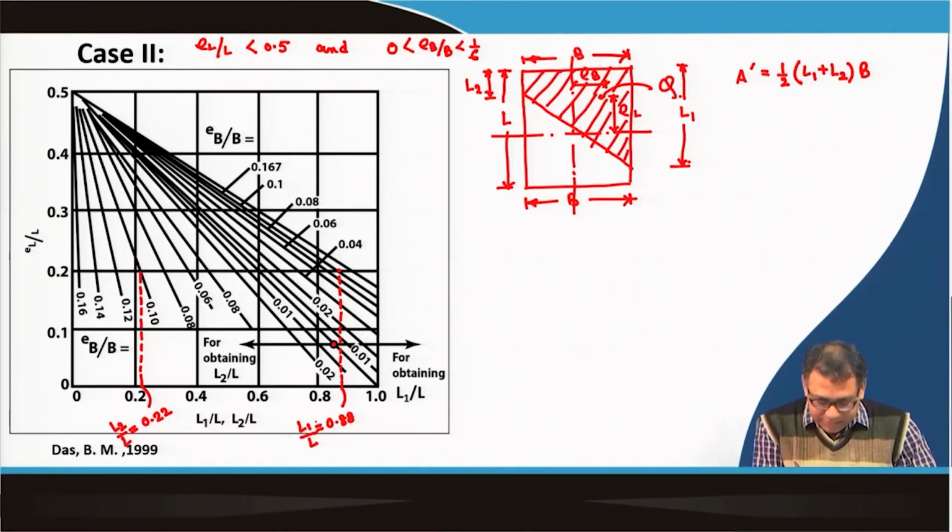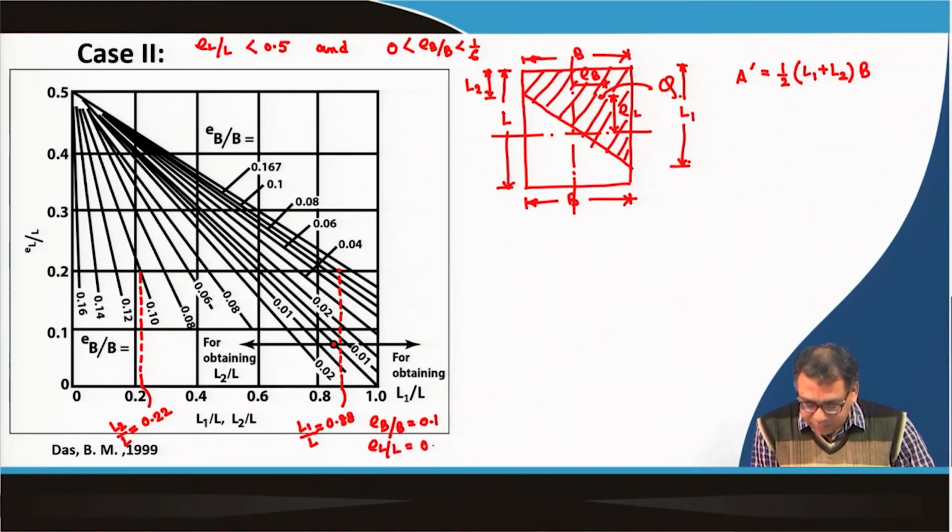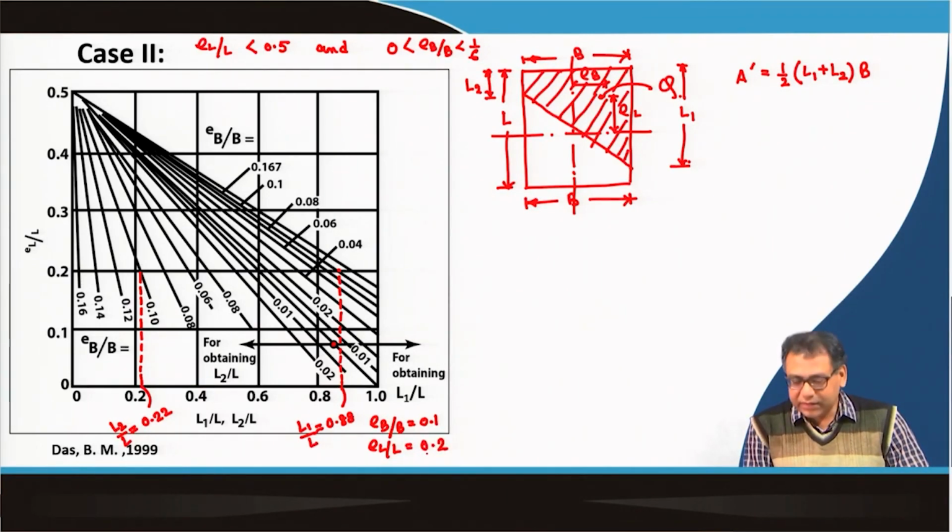These two values are valid if I have considered E B by B equal to 0.1 and E L by L equal to 0.2. This way I can calculate L 1 and L 2. Once I get L 1 by L and L 2 by L, I multiply with L and get L 1 and L 2.